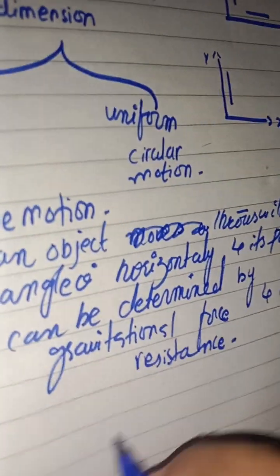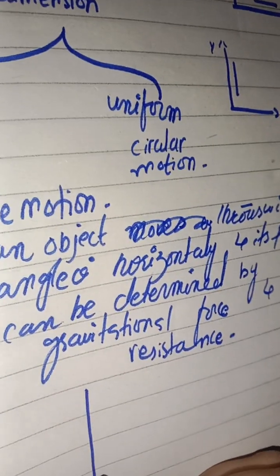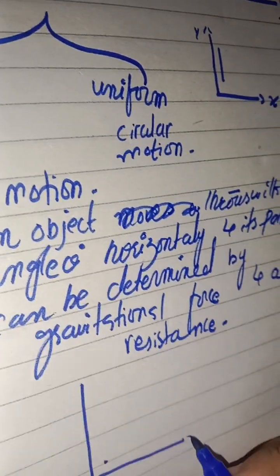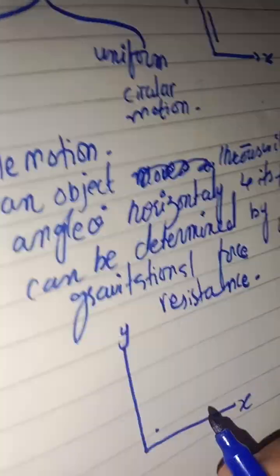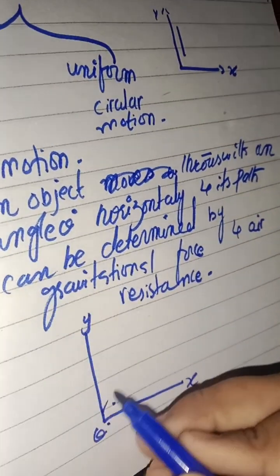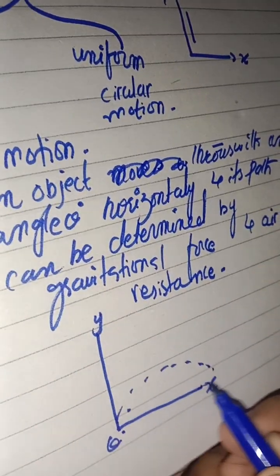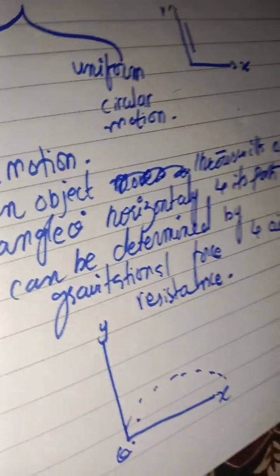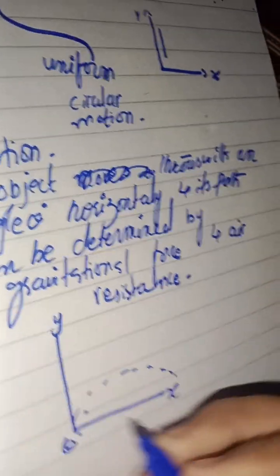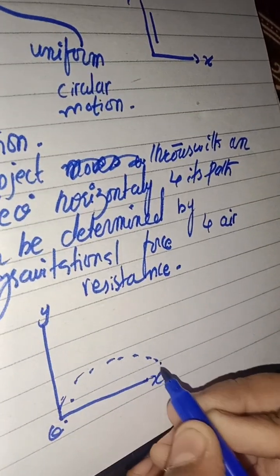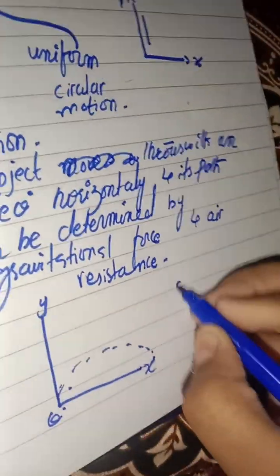If I am making an object move along the x axis and the y axis, I am throwing a ball from an angle and the ball will come downward. Here two forces are applied. One force is that the ball is coming downward, so it's gravity.